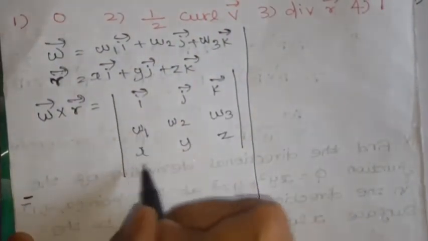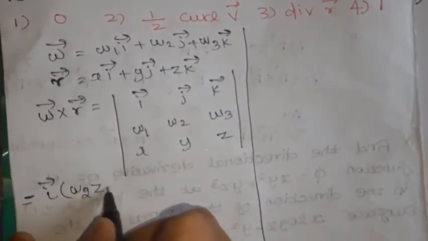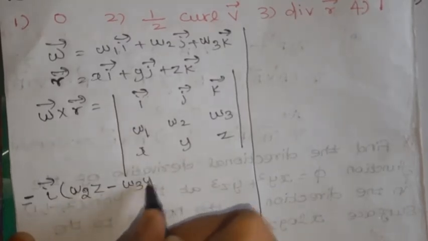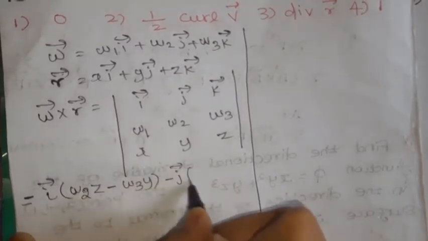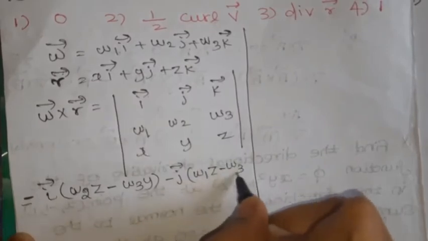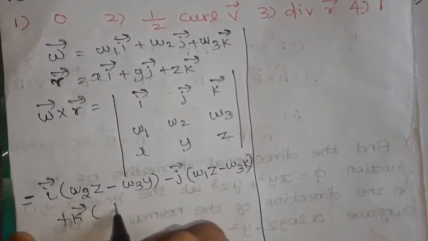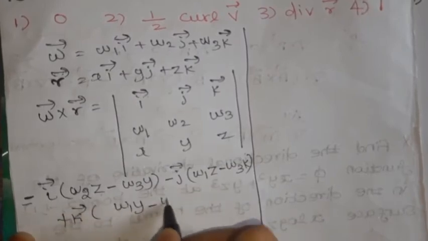So just expand this, what will we get? i into (w2z minus w3y) minus j into (w1z minus w3x) plus k into (w1y minus w2x).